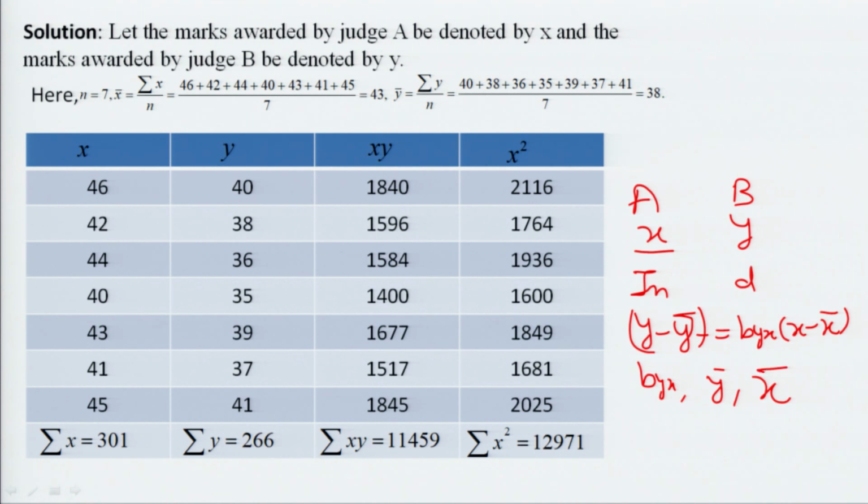Find the value of b y x and x bar. We draw the table like this. What is n? Firstly, what is n? Here given n is 7, not 8, because the 8th value is also fine.